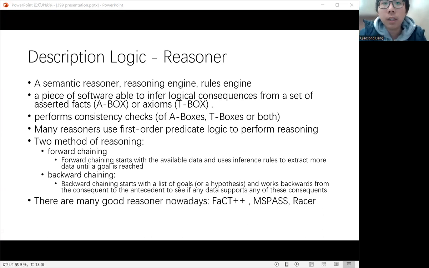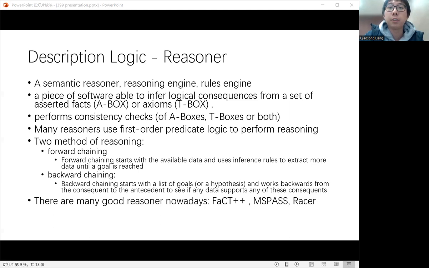For example, if there is an assertion in the A box which says John is a man, and there's another assertion saying John is a woman, and at the same time there's a rule in the T box saying one person can't have two genders, then there is an inconsistency among these three statements, right?